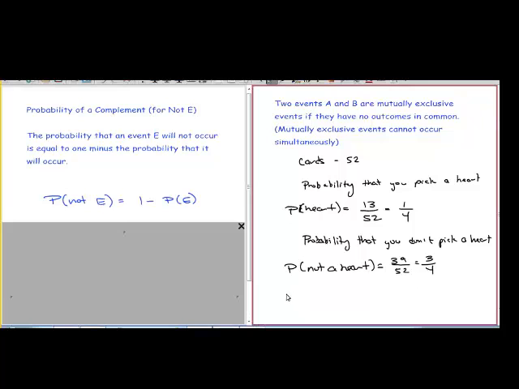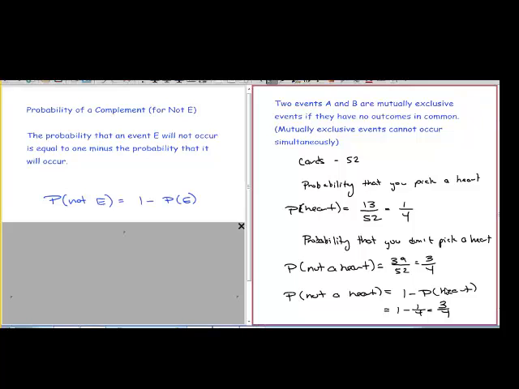Or, using this complements principle of probability, you could also say the probability of not picking a heart is equal to 1 minus the probability of picking a heart. And that's because these are mutually exclusive things. So you get 1 minus 1/4, which is 3/4. You get the same answer either way.